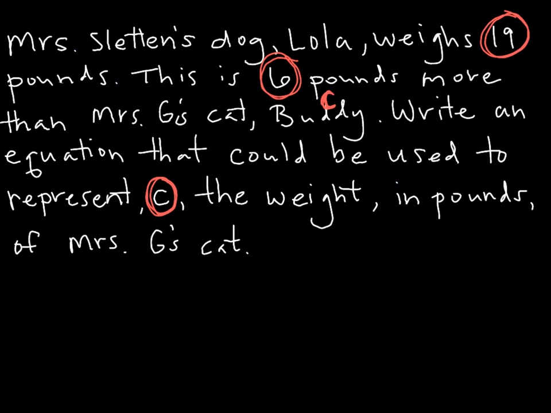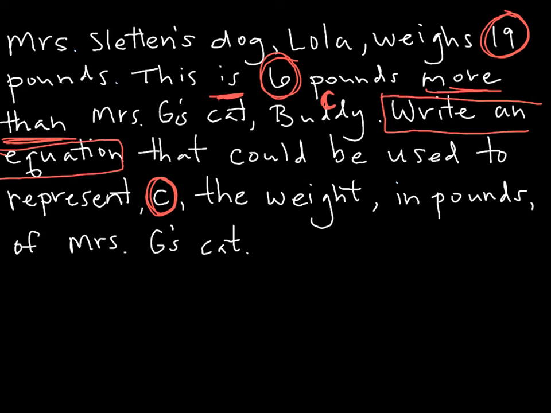Okay, so Mrs. Sletton's dog Lola weighs 19 pounds. This is 6 pounds more than Mrs. G's cat Buddy. Write an equation. I'm going to box that because that's what they're asking me to do here. Write an equation that could be used to represent this. Okay, so now I'm just going to go back through and I'm going to write my math sentence to match the word sentence.